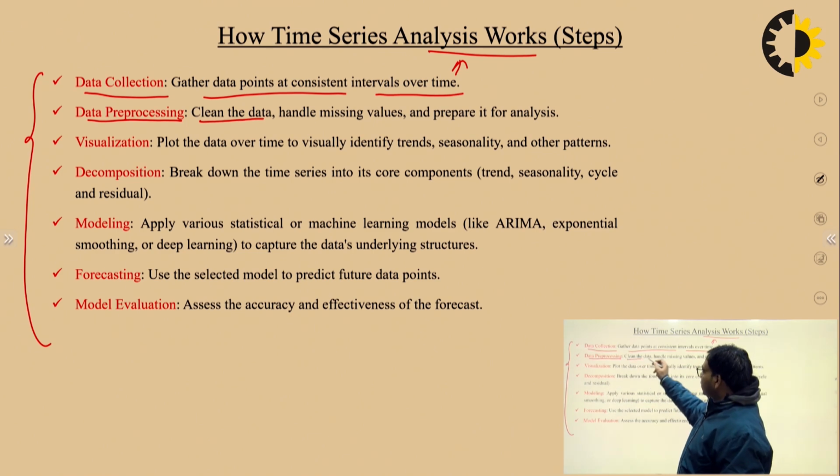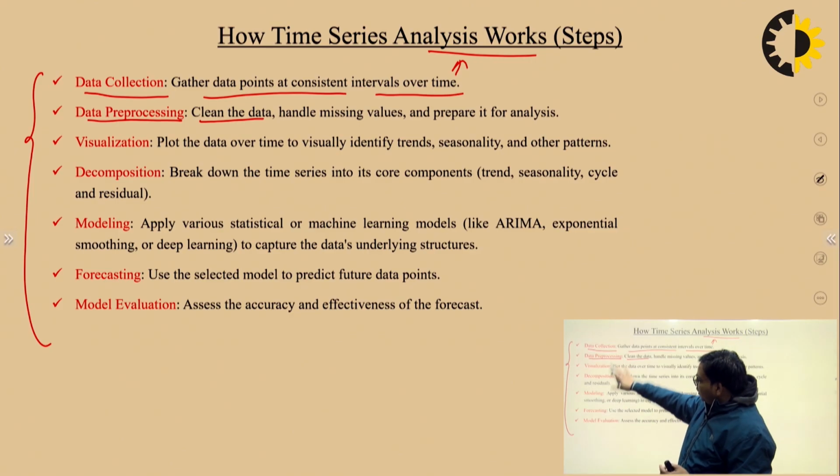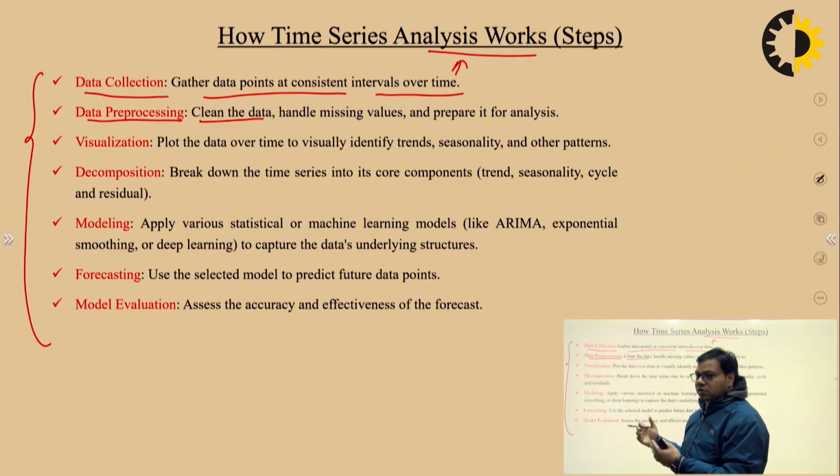We need to clean the data. There used to be various irregularities, various issues with my collected data, so I need to furnish that data for making the right prediction. If my data is having some noise which is not properly pre-processed, then there could be variation or misinterpretations, or a wrong relationship could be built there, and on that basis we can have a wrong forecasting or wrong prediction.